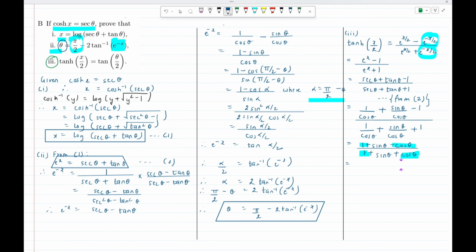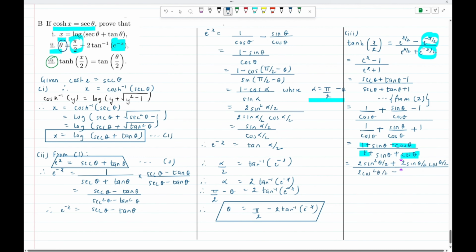So 1 minus cos theta by half angle formula is going to be 2 sin square theta by 2 plus, for sin theta we can write it as 2 sin theta by 2 cos theta by 2, and in the denominator we will have 2 cos square theta by 2 plus 2 sin theta by 2 into cos theta by 2.